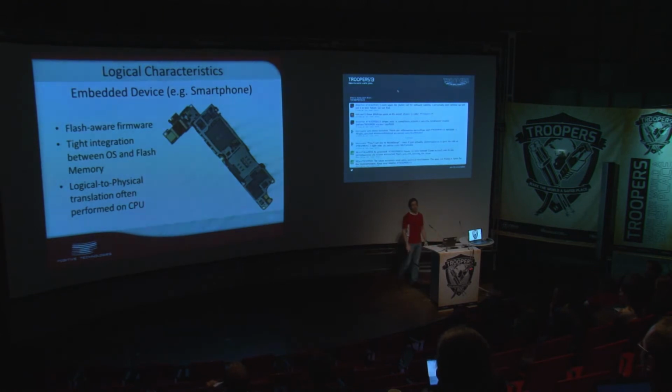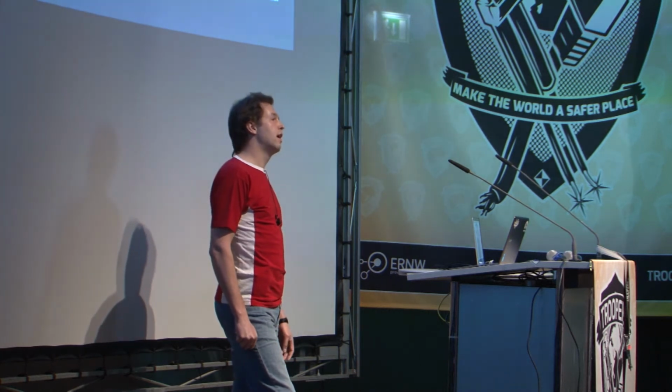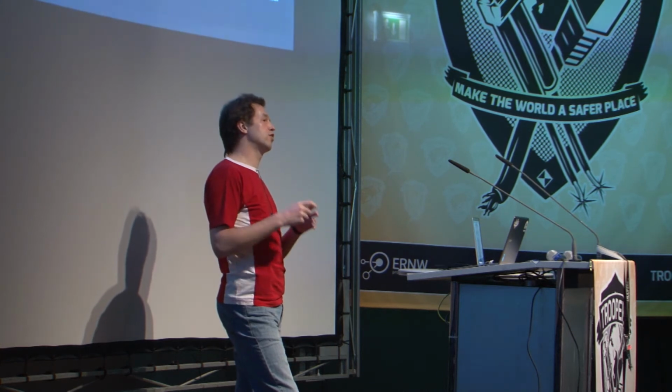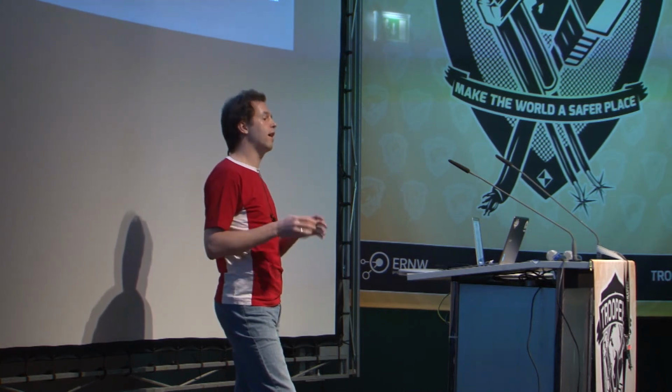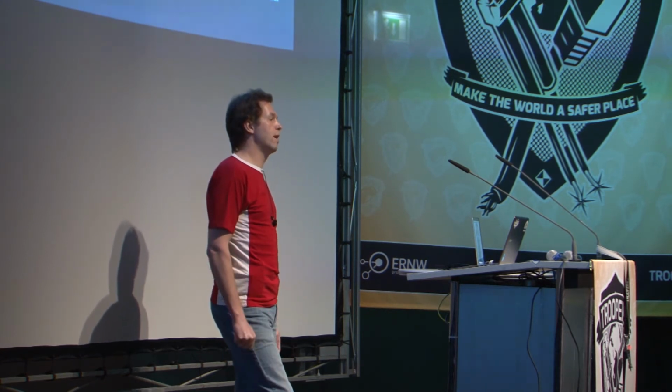Another type of flash devices is embedded devices. Here is the main board from, I believe, an iPhone 4S. During development of this type of device, manufacturing companies already knew that they would deal with flash, and usually they don't embed an additional flash controller like the controller inside your flash drive or a flash card for the camera.